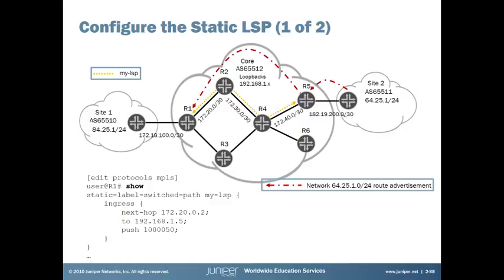So R5 is 192.168.1.5, which is the loopback address of R5. And then we have the label value, which is a push statement, with the value of 1000050. So that sets up the label switched path, because we're setting that up on the ingress router.